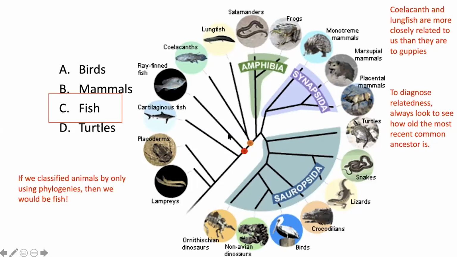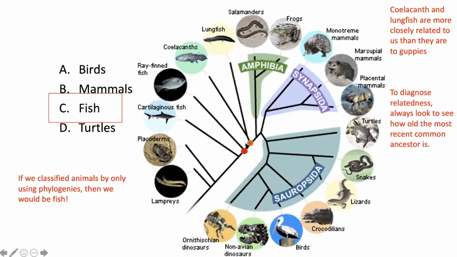That means that there's been more evolutionary time that has happened along this branch and along these branches to separate them from each other than there has been for these branches and the rest of these branches. So the way that you establish what things are most related to each other is how far in the past or how deep in the phylogeny did they share a common ancestor.